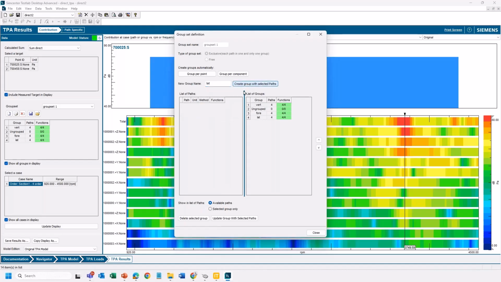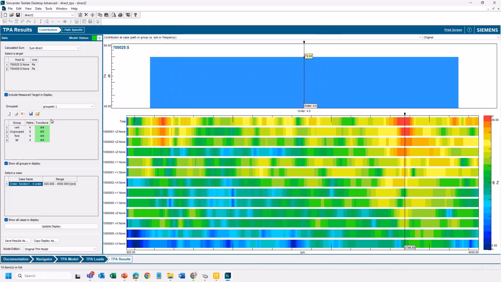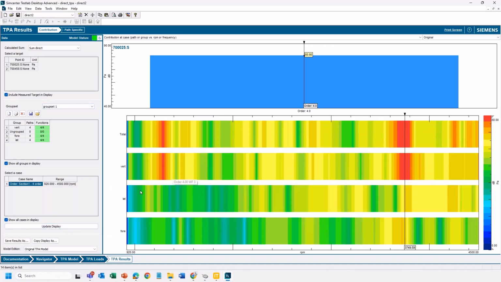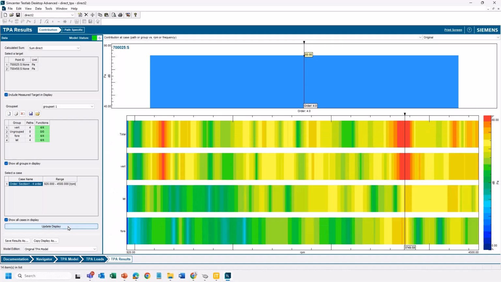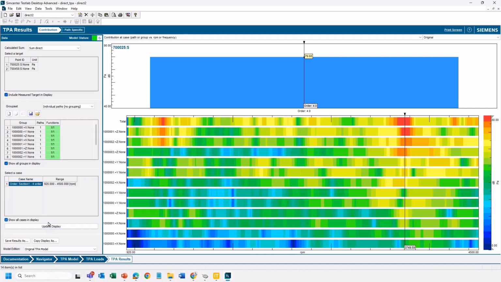And then here you can update the display and you can see the verticals versus the laterals, as opposed to the individual paths. Yeah, that looks handy. It can be handy, like if you have engine versus exhaust versus intake, however you want to group it up, or left mount versus right mount, etc.